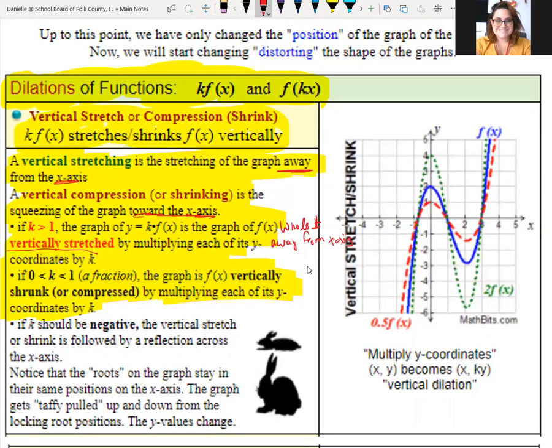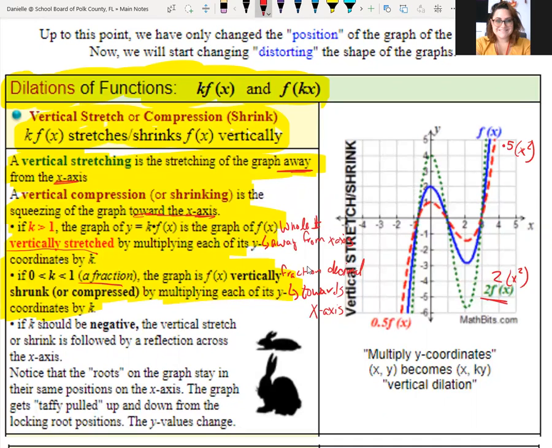For the second one, a fraction or a decimal, and fractions and decimals go towards x. So notice my green one, that is 2x squared. My red one is 0.5x squared.